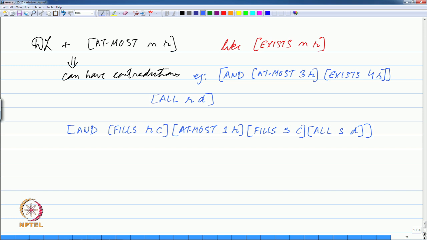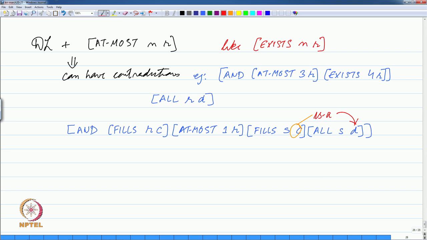Because we can establish a connection between R and C. So, C is a D, right?